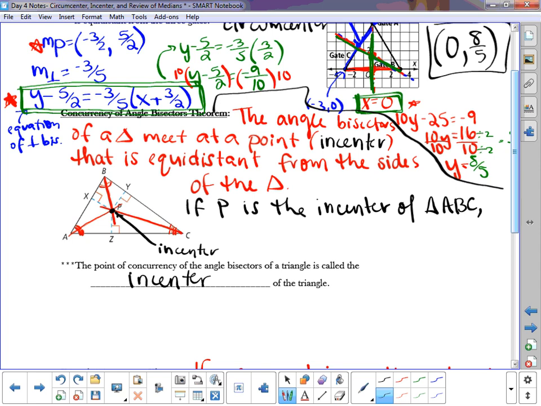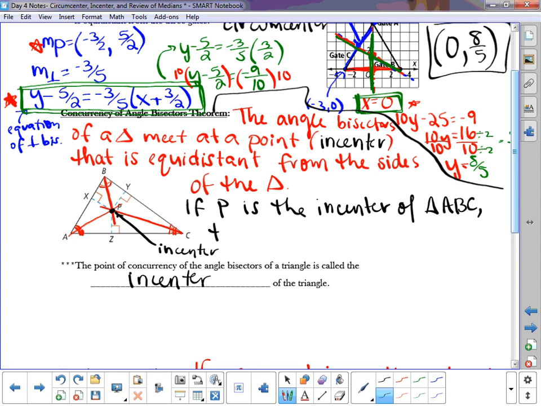Remember, when we talk about distance from a point to a segment, we're talking about that shortest distance, which is the perpendicular distance. So you'll notice each of these are perpendicular. Notice it's not necessarily perpendicular bisector, because it doesn't cut in half, but it is perpendicular. So our theorem says that this incenter, P, is the same distance from each of the sides.